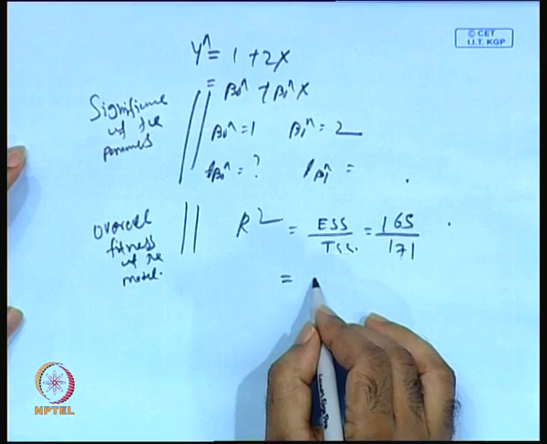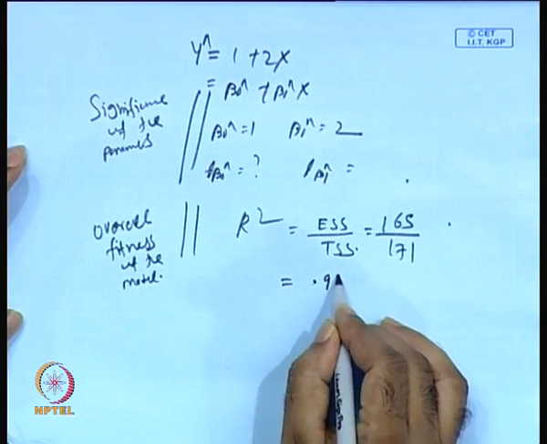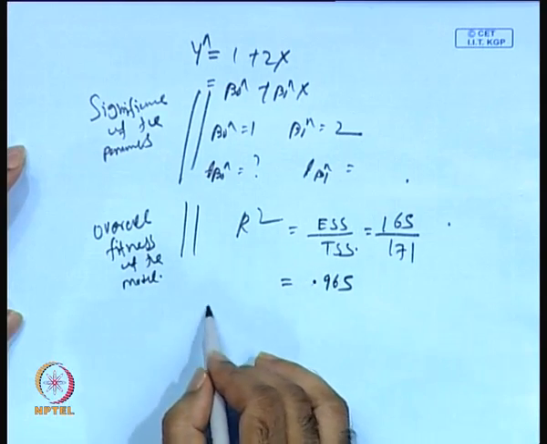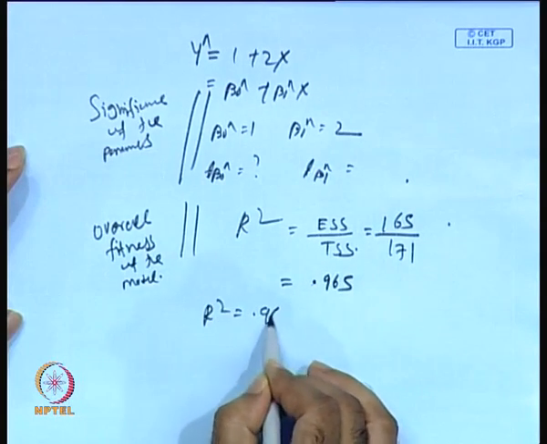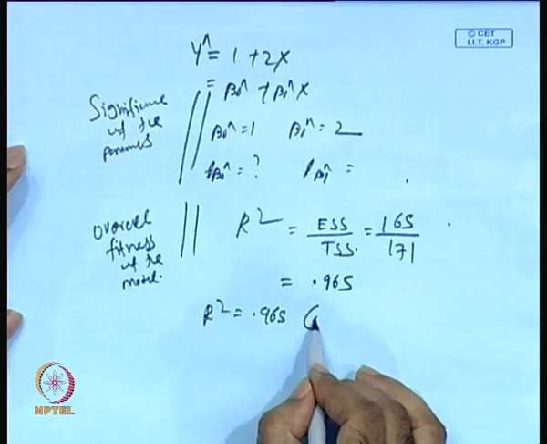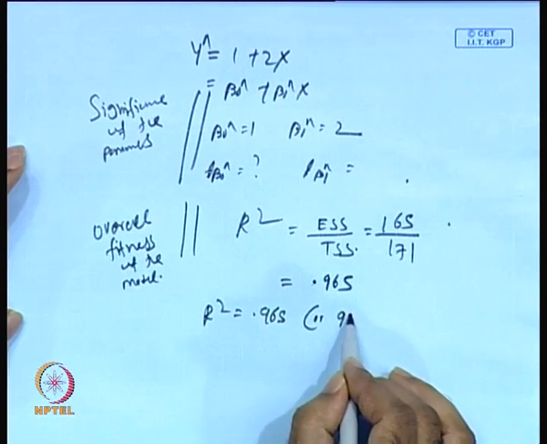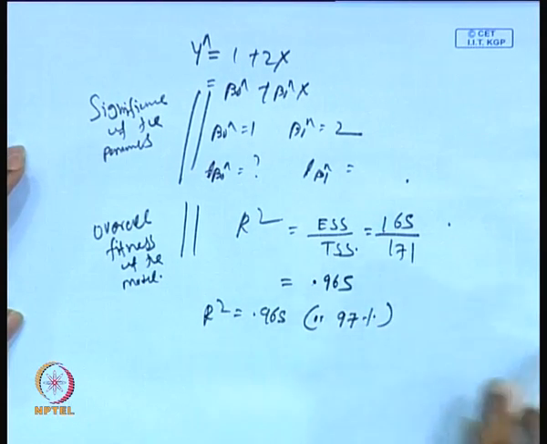So the R-square value is 0.965, or otherwise it is nothing but 97%. If it is 97%, the reliability of the model is very high. That means the overall fitness of the model is very high. Since it is very close to 1, this model can be used for forecasting or policy use.